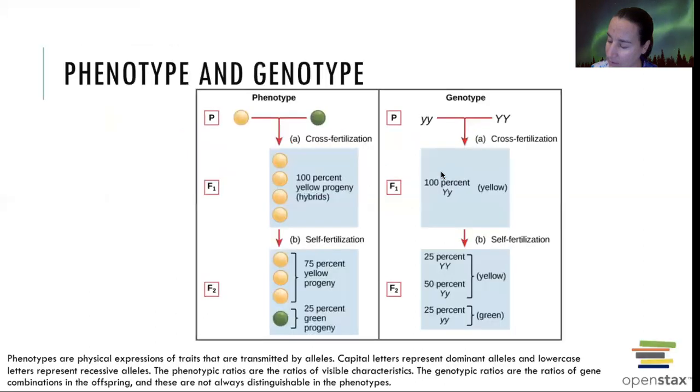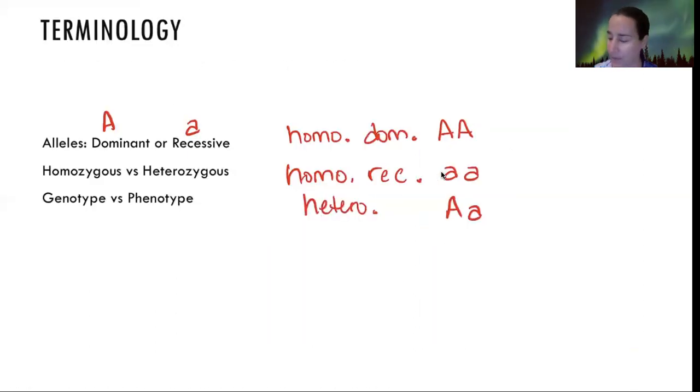If you looked at these genes that we just wrote down, homozygous dominant as two capital letters, homozygous recessive as both lowercase letters, and heterozygous as one uppercase and one lowercase letter, we have three totally different genotypes. This one is different to this one, is different to this one. Those would be the genotypes.